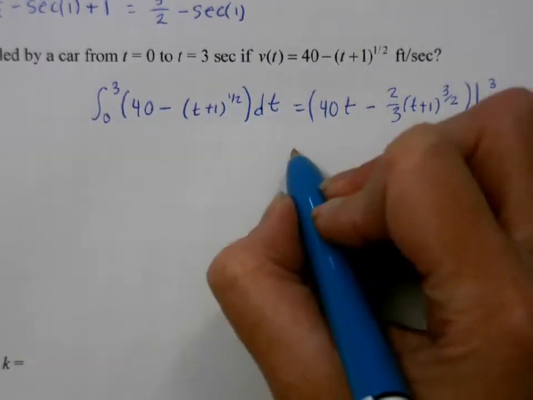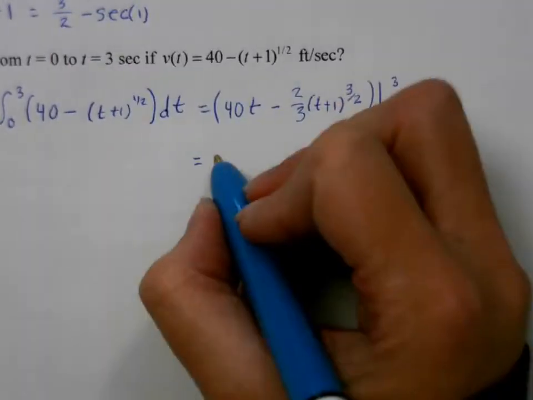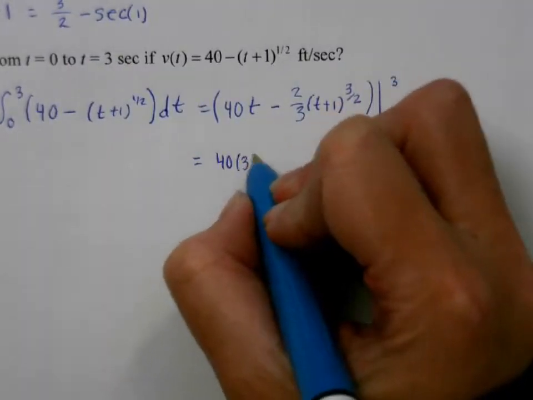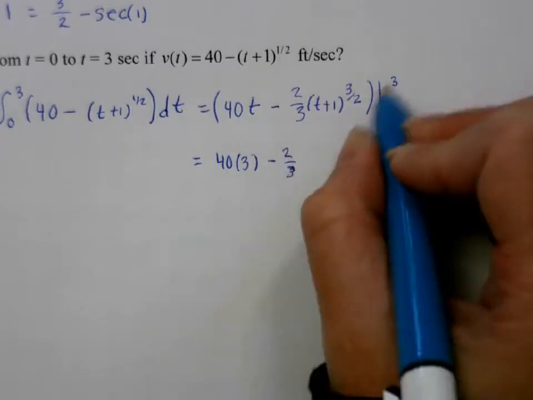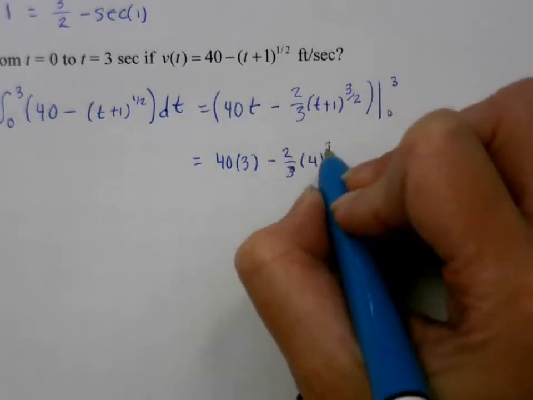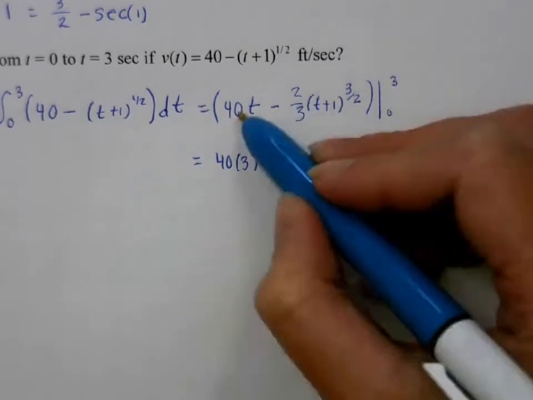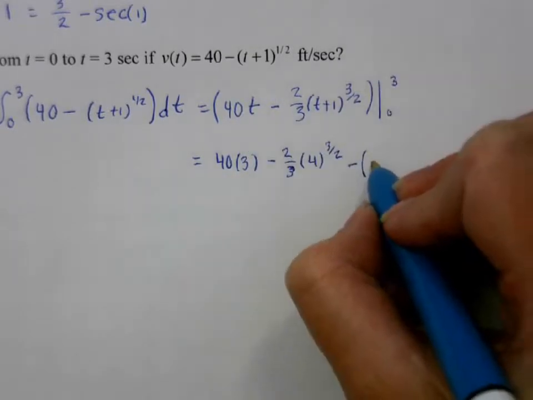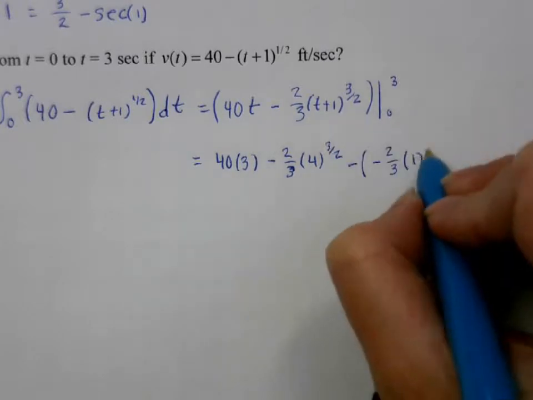So this will be 40 times 3 minus 2 thirds, 4 to the 3 halves, minus, this will be 0, so minus 2 thirds, 0 plus 1, so 1 to the 3 halves.